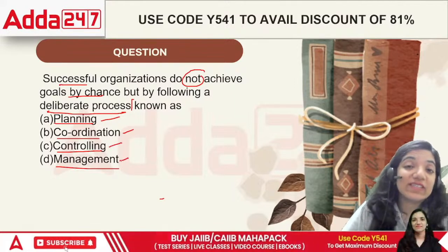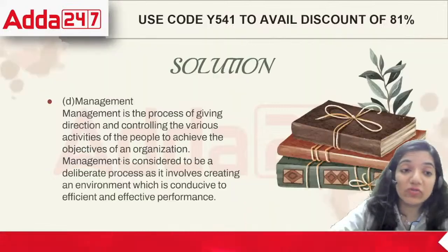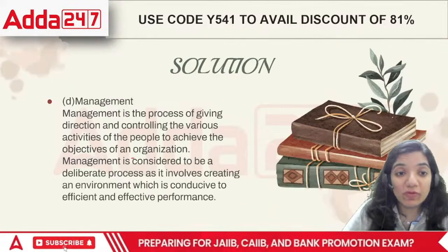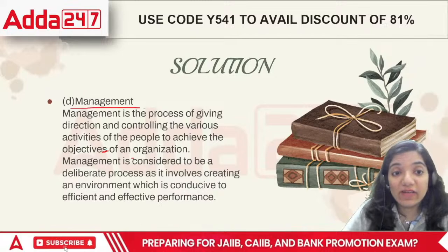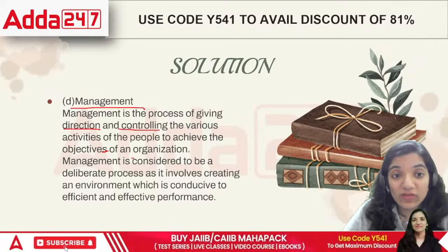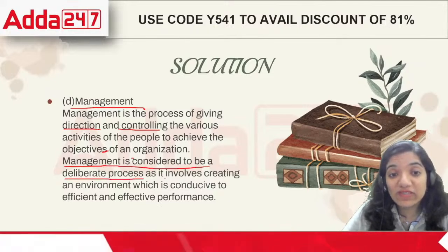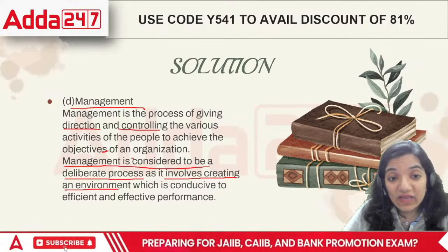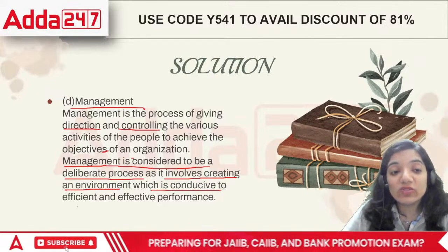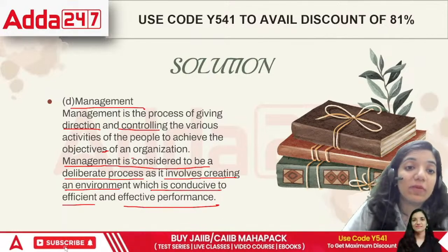When we talk about successful organizations, they do not get things on their own. They have to go through the proper process of management, where they are giving directions to others and trying to control things. Management is considered to be a deliberate process, as it involves creating an environment which is conducive to efficient and effective performance.